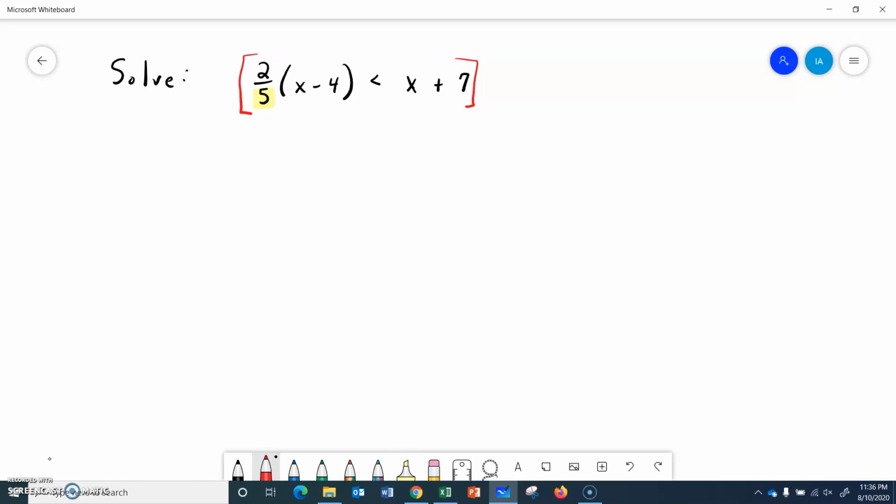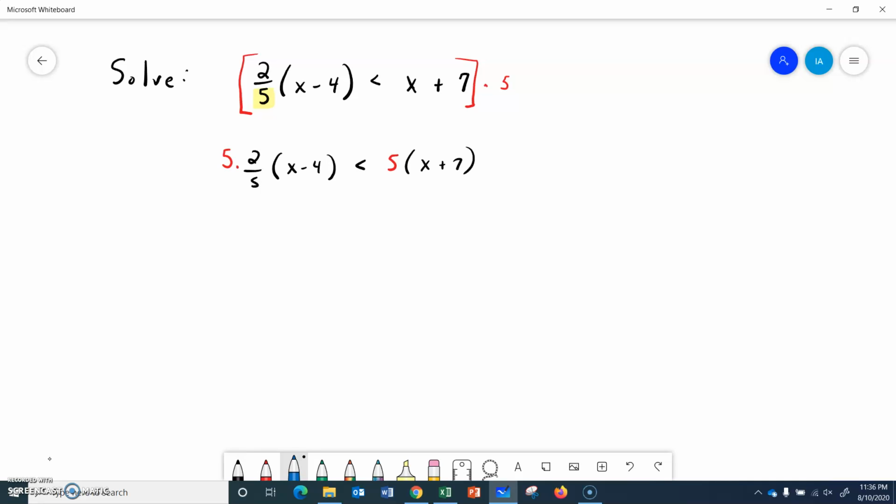So let's just go ahead and multiply everything by 5 to get rid of that. On the left hand side, that would be 5 times 2/5 times x minus 4. And then on the right hand side, that would be 5 times the quantity of x plus 7.